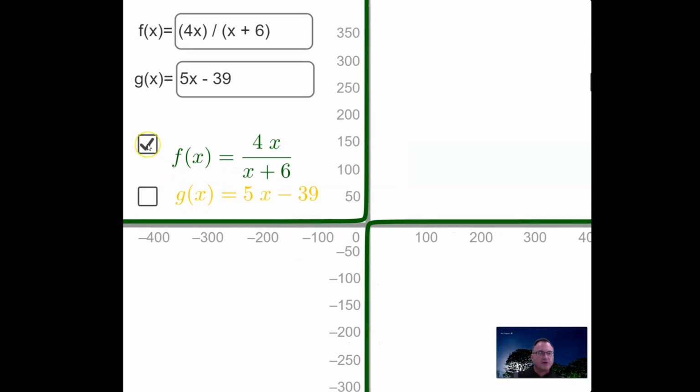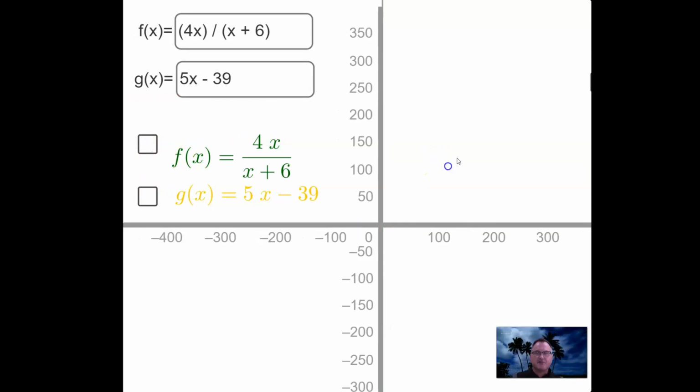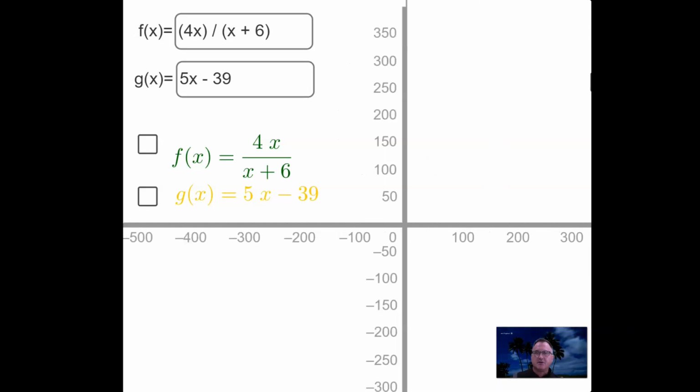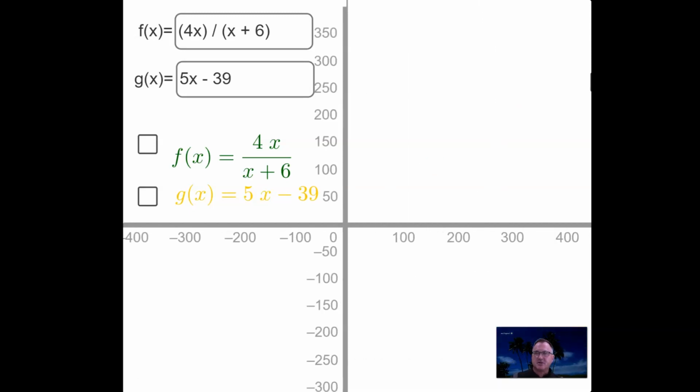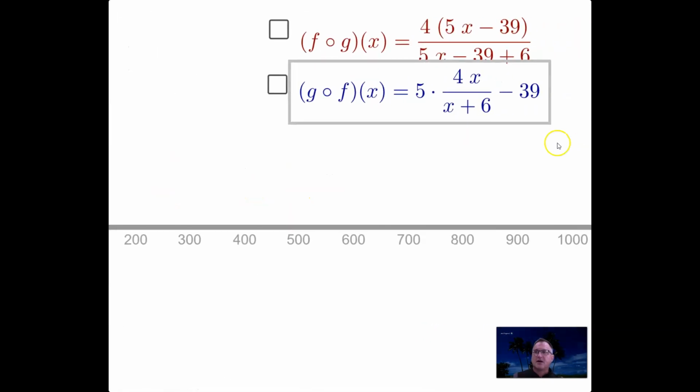Now, if I wanted to know what the composite of this looks like, I'm going to turn these two off, and then over here, you guys can't see it because of my screen. I can click on these and get my composite. The top one in red is the composite.